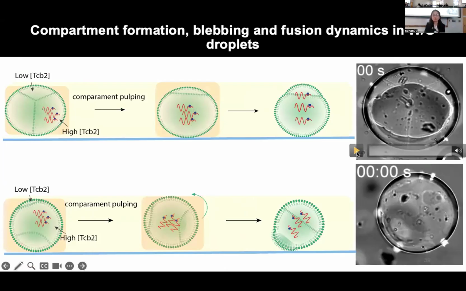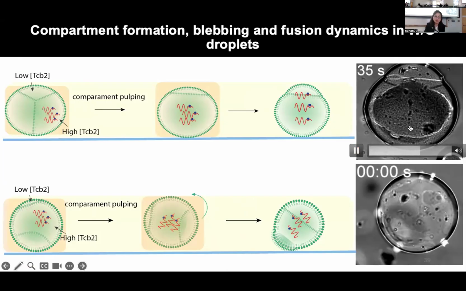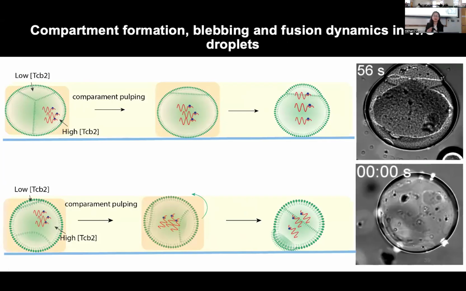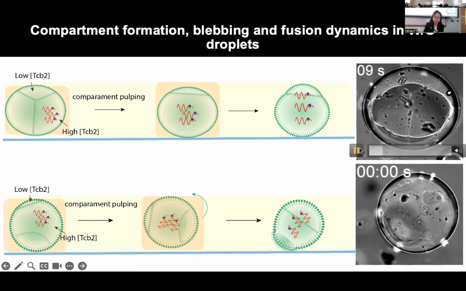And I'm going to give one more example. What happens here is you are seeing a compartment forming in the droplet, and then if I trigger the system, this kind of phase transition, this kind of solution to gel transition, can reshape and change the shape of the droplet here.